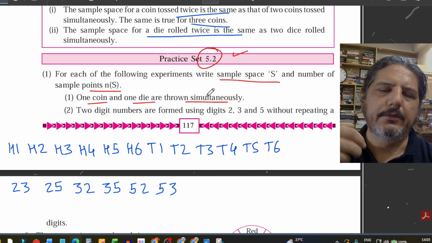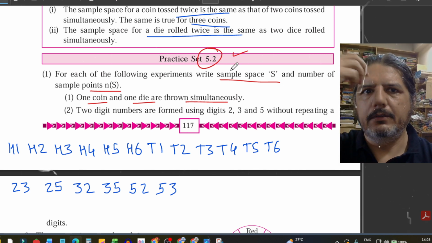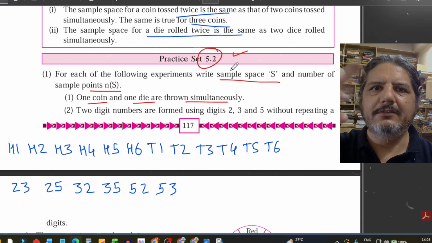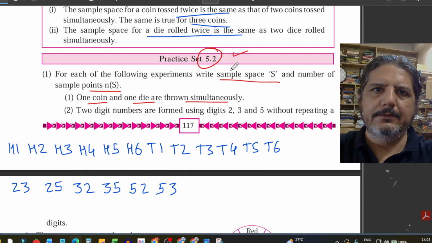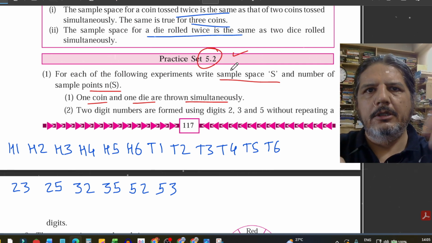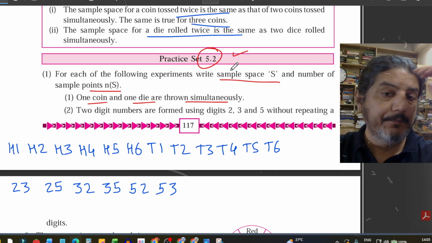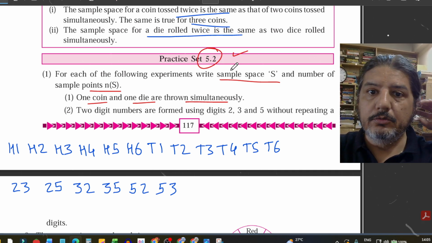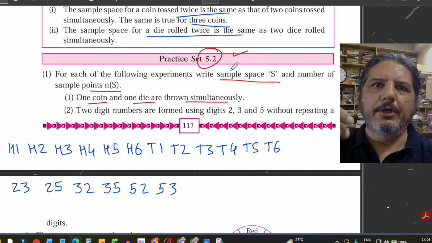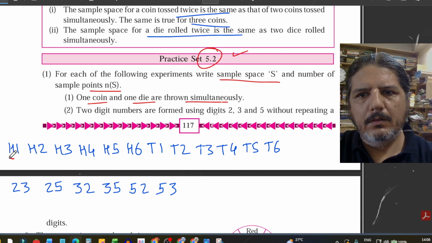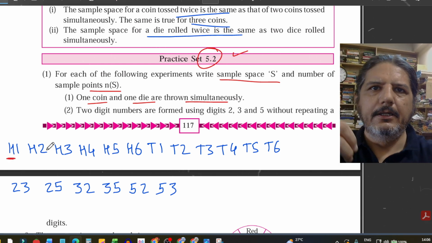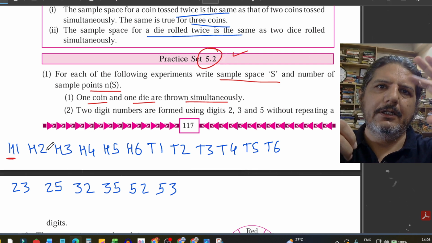So you have a coin. You flip a coin. Two options are heads and tails. And then on the other hand, let us say you have a die. When you flip that, you'll get 1, 2, 3, 4, 5, 6. So how we do these questions is we flip a coin. Let us say we get a head. Now what are the choices on this side?